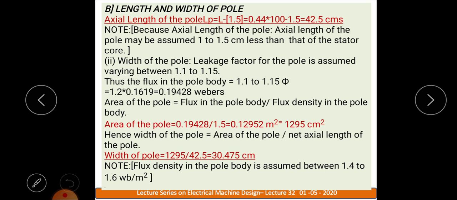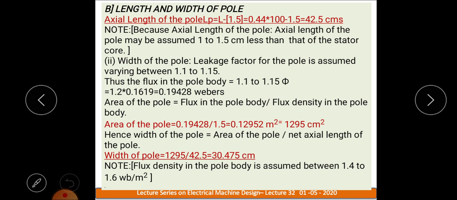Now as B, we are going to find out the length and width of pole. For that the equation is axial length of pole equal to L minus 1.5. Here the minus 1.5 is taken, 1 to 1.5 centimeter lesser than the gross length of the stator.